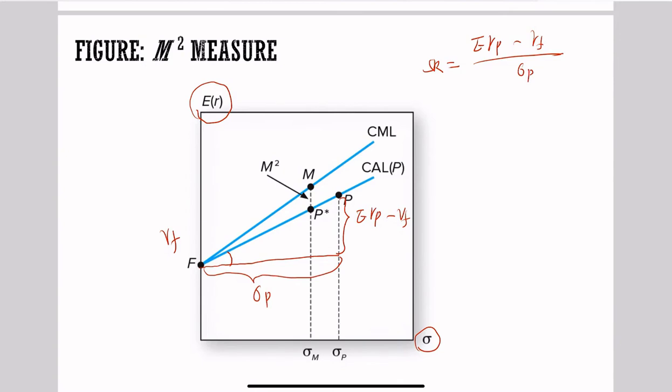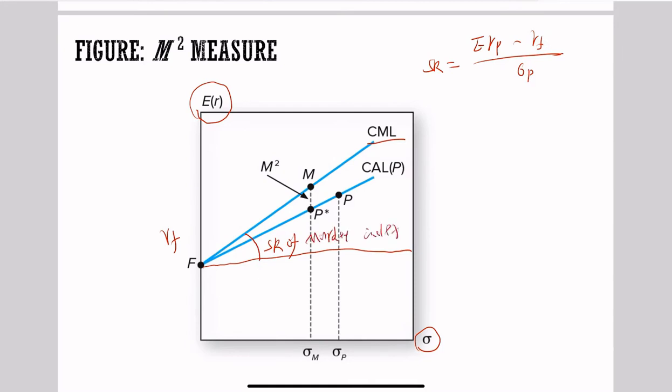By the same token, the Sharpe ratio of the market index is given by the slope of this CML line. So this is the Sharpe ratio of the market index. And then you have these two lines. How do you get this CML line?